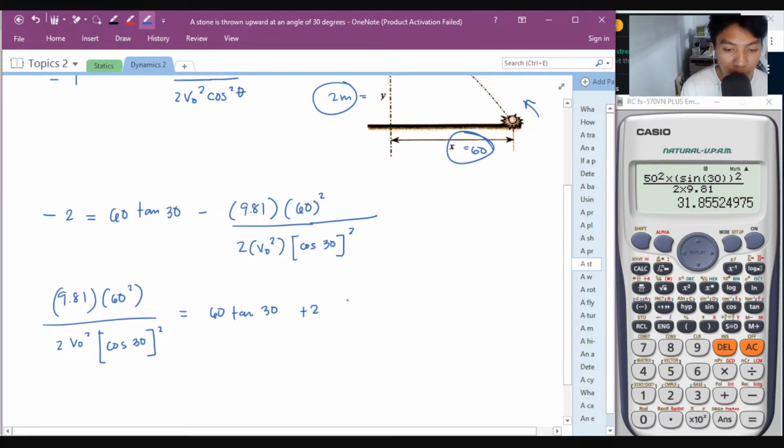So we can simplify this. Simplify the expression first. 9.81 times 60 squared equal to, you cross multiply, 60 tangent 30 plus 2 multiplied by 2 V0 squared cosine 30 squared. I'm doing algebra, ha?